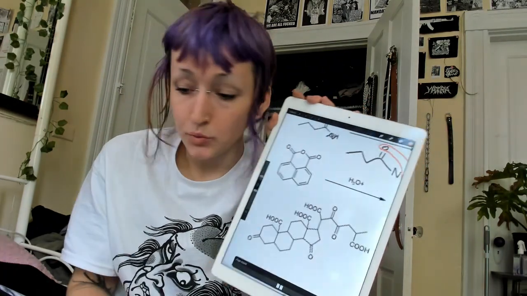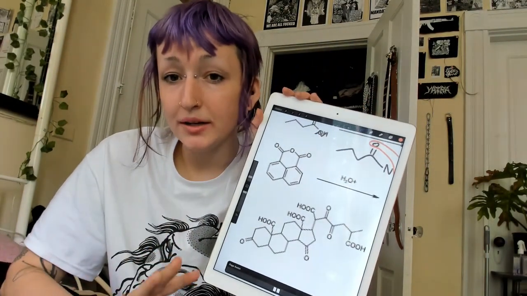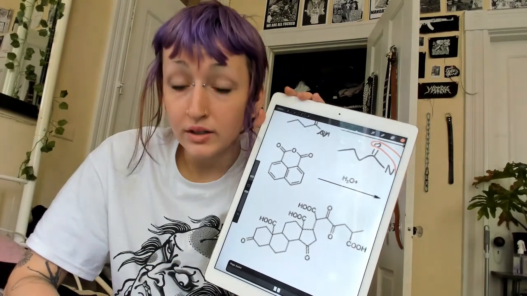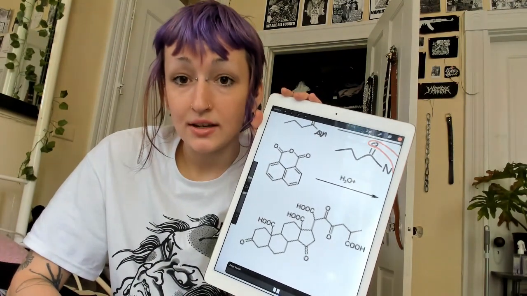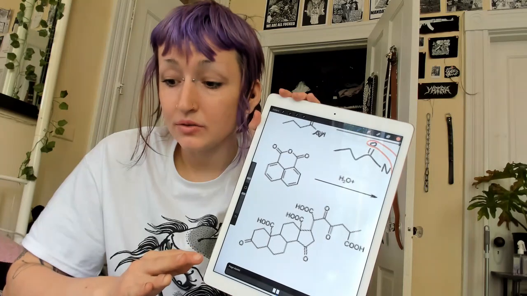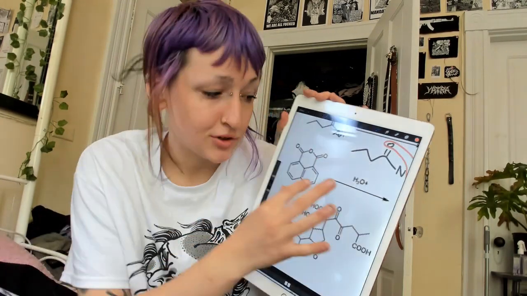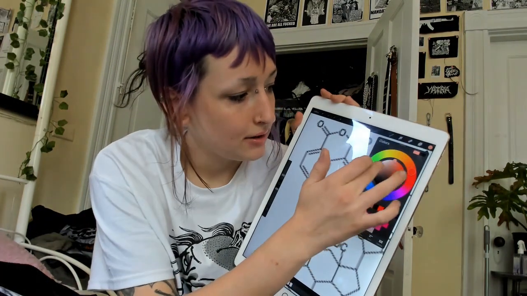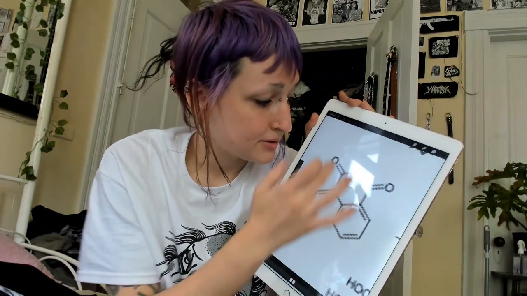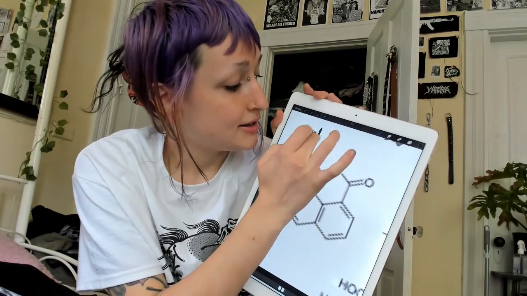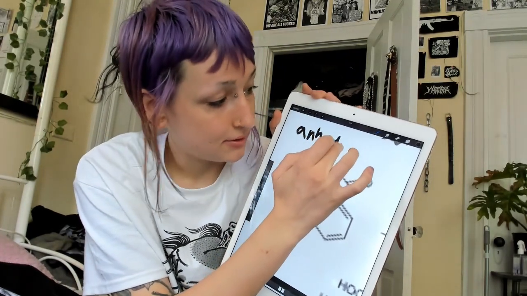Moving on to the next one. This looks a little bit complicated, but really what we have is an anhydride. I'm just going to write that down actually. Anhydride, we know something about properties of that. An anhydride is an acid derivative.